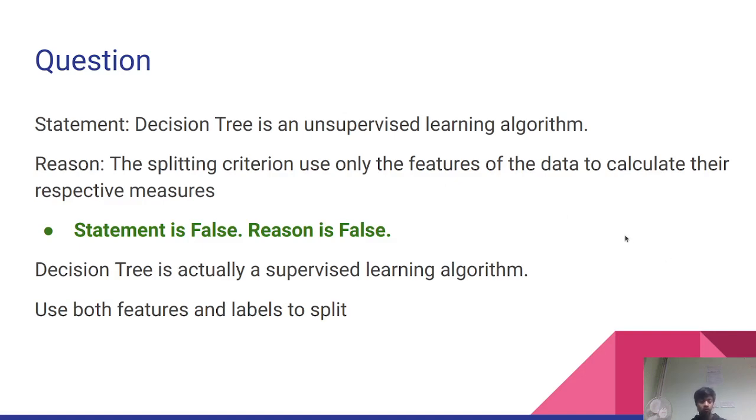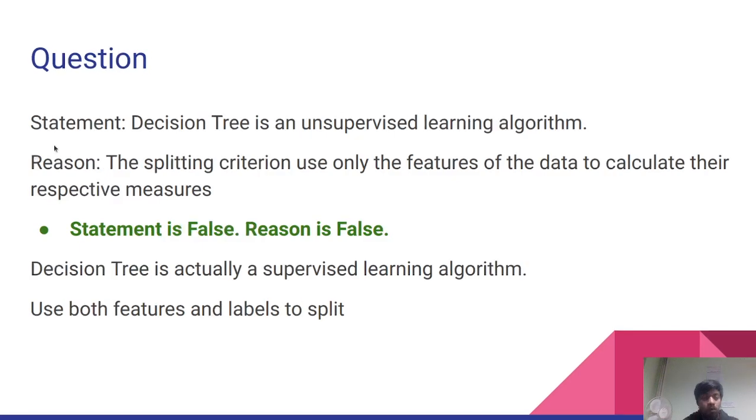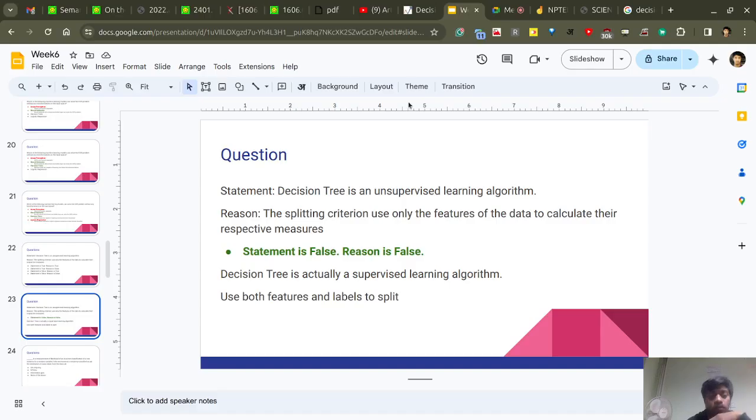Sir, one thing I want to ask: the reason is given for the statement's logical validity, no? To prove whether the statement is correct or not. So if the statement is false, the reason obviously will be false.